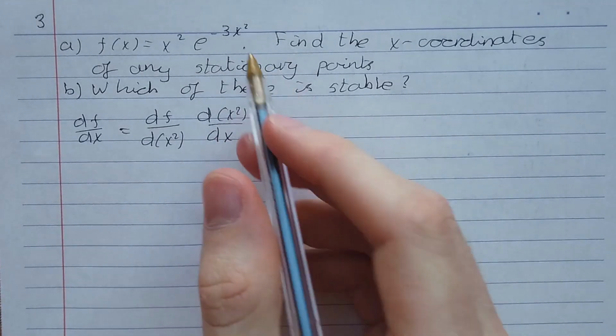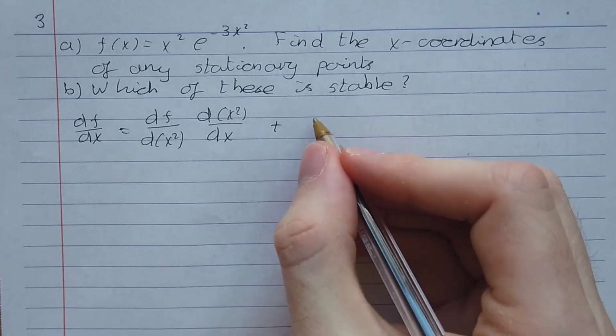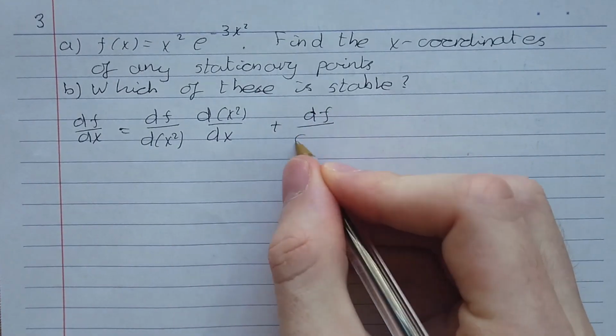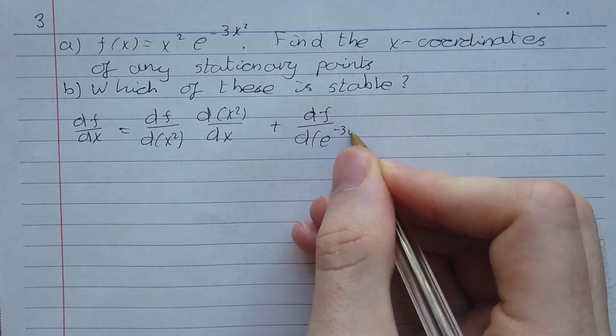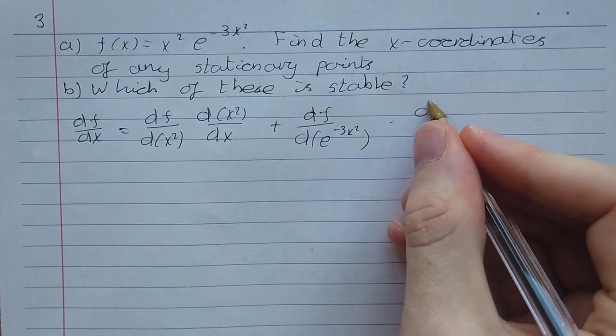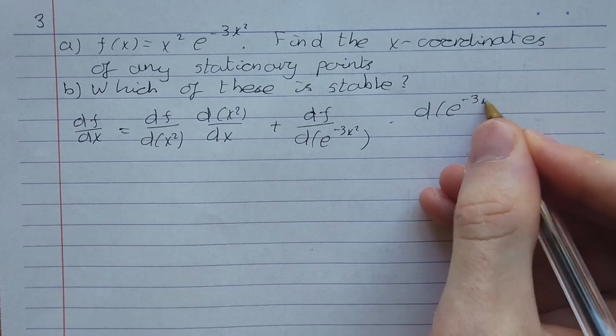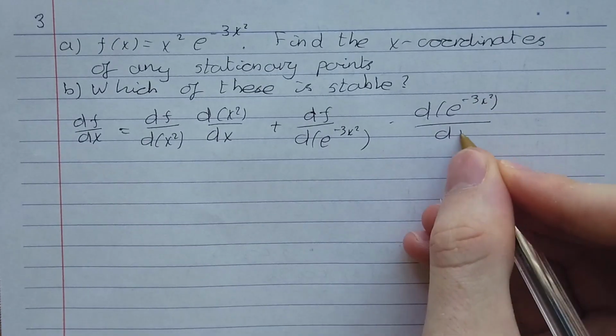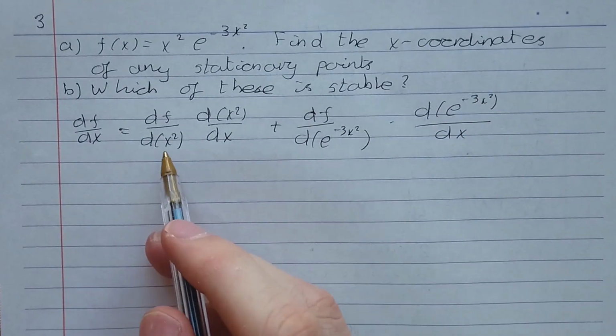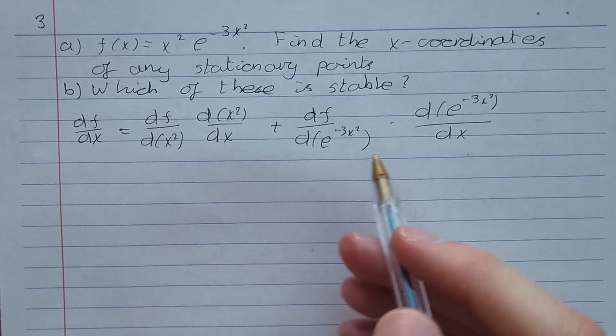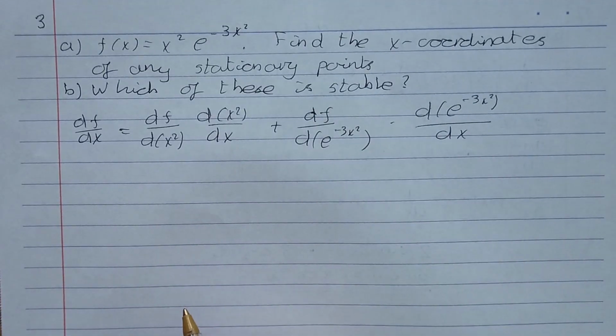But now we have another function, e to the minus 3x squared, so we can do that once more. df by d of e to the minus 3x squared times d of e to the minus 3x squared all over dx. And this is essentially what we were doing before with the g of x function, but writing it explicitly so you can see what's going on.